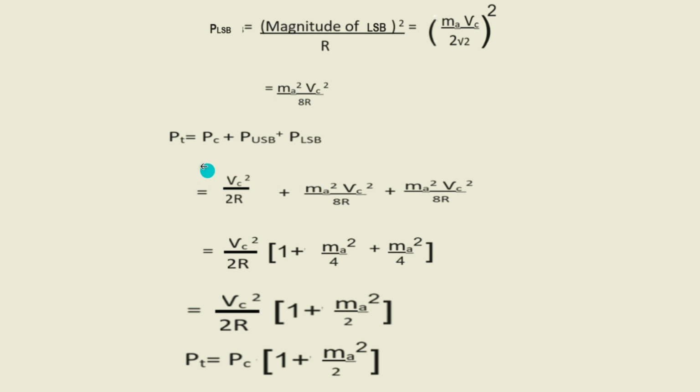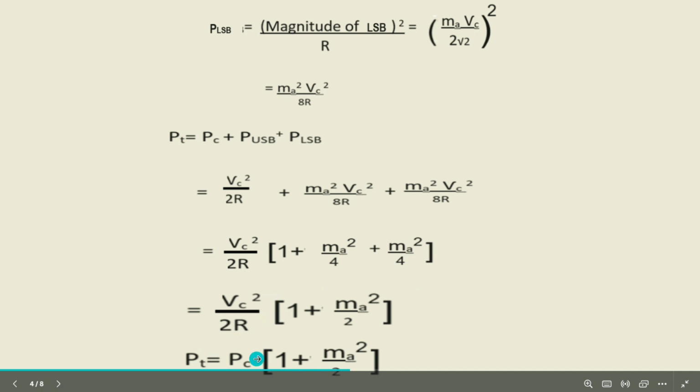By adding all the power components, we get Pt equal to Vc squared by 2R plus Ma squared Vc squared by 8R plus Ma squared Vc squared by 8R. Taking Vc squared by 2R as common, we get 1 plus Ma squared by 4 plus Ma squared by 4. Simplifying, Vc squared by 2R into 1 plus Ma squared by 2.